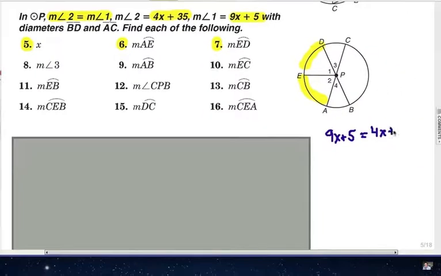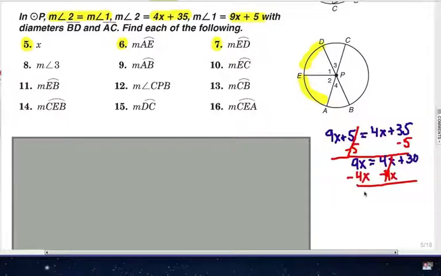So we are going to go ahead and solve this equation, and that will give us x. First thing we do is subtract 5 from each side, and that will give me 9x equals 4x plus 30. Now we subtract 4x from each side, and I have 5x equals 30. Divide each side by 5, and that of course would be 6. So x equals 6, and that is going to be my first answer.